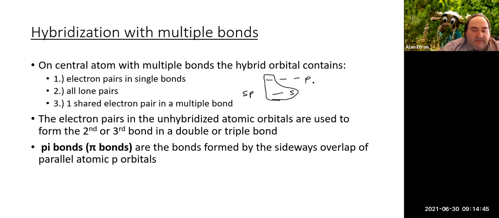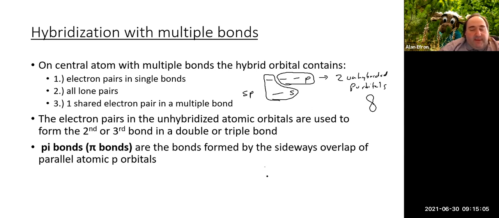That leaves us, as we saw earlier, 2 unhybridized p orbitals. These are just regular run-of-the-mill figure 8 p orbitals, and that's really where our double bond and triple bond are going to come from.